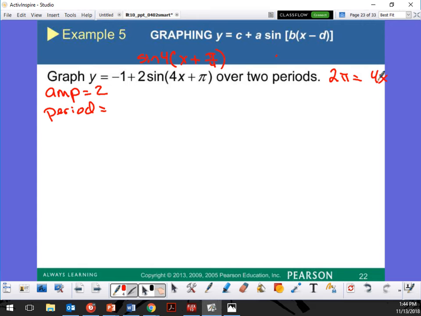That 4x. Divide both sides by 4. Pi over 2. Next one is parts. Quarter, half, 3/4 and 1.